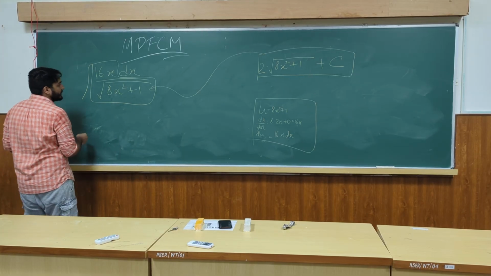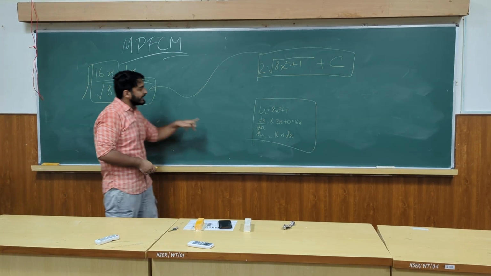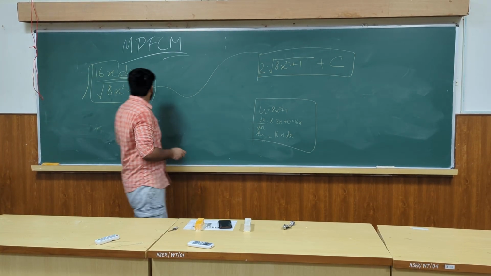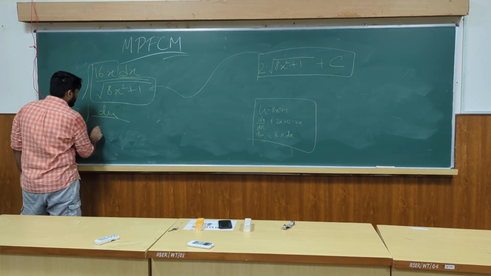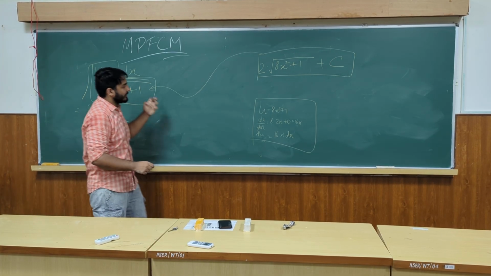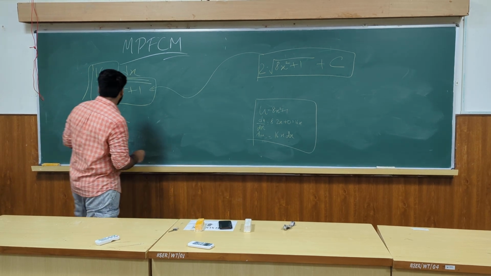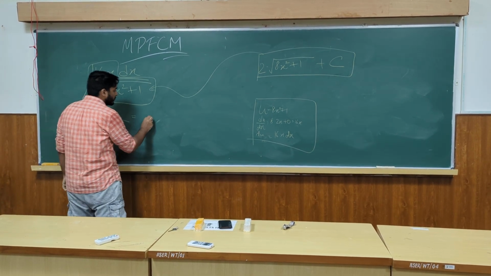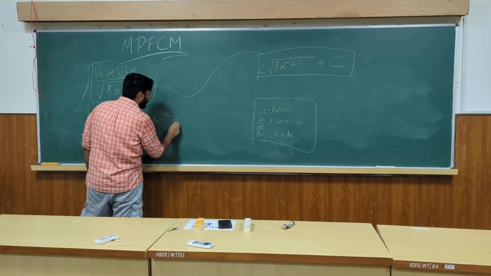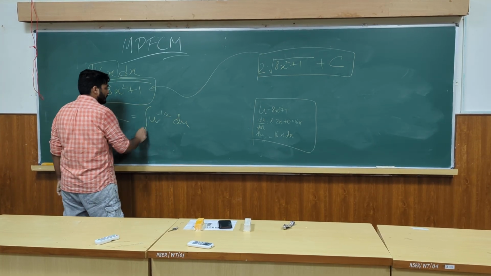So let us see, what did we do here? So our 16x dx was equal to du. So we write this as du. Then we have a square root, and 8x square plus 1 is equal to u. So we have du upon under root of u, which is u to the power minus half du.